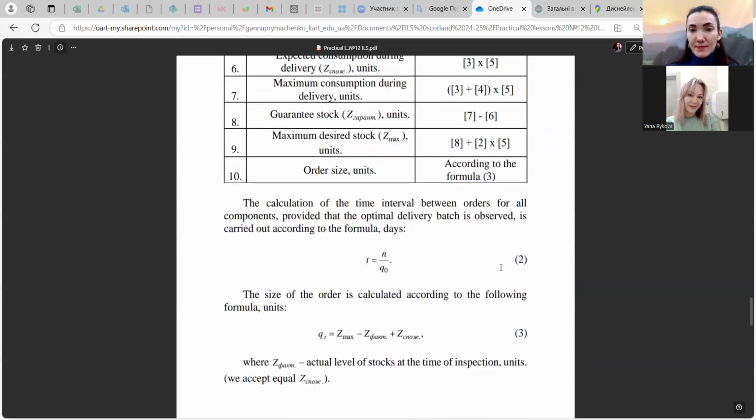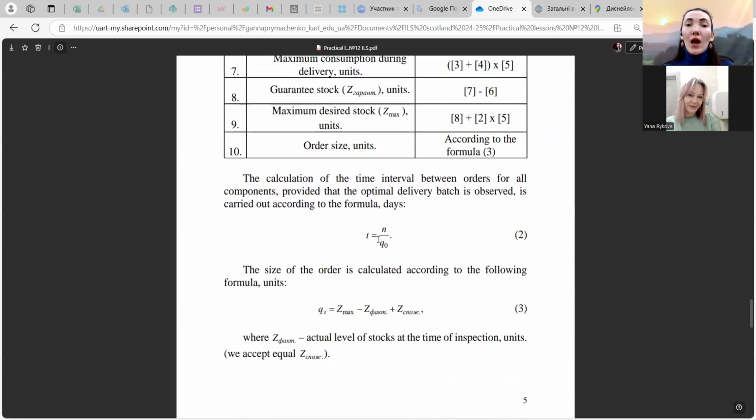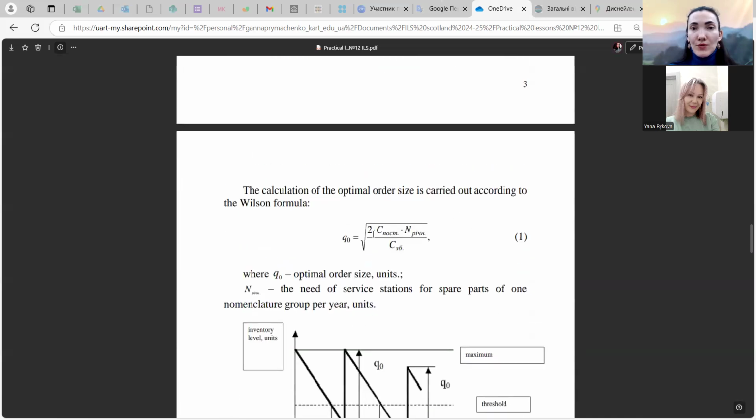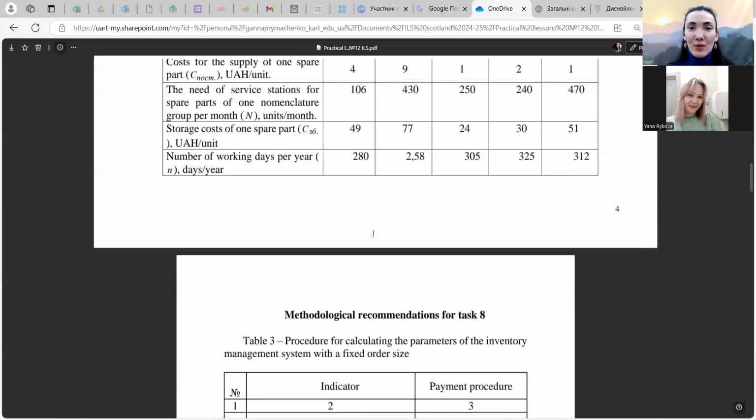So please write T, our time, is equal to, in the numerator, N. It is how many days during the year. We already found it, I showed it: 258, if I remember right.